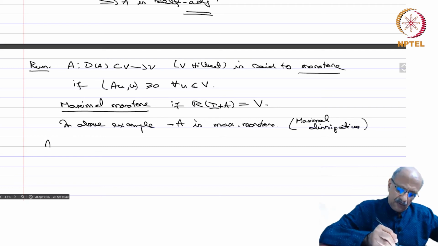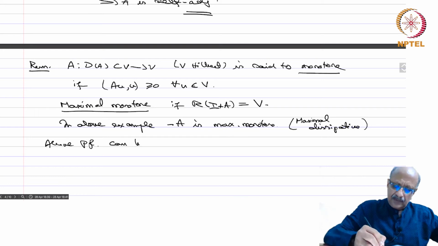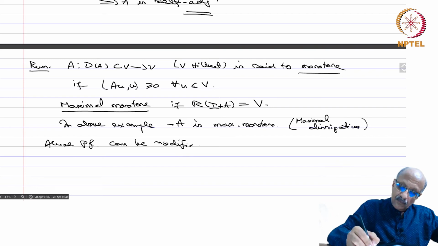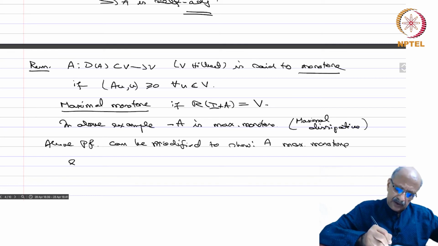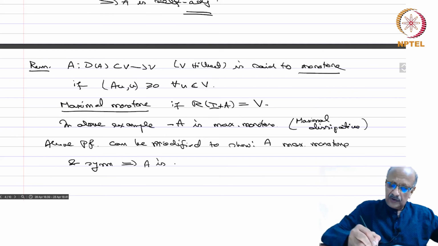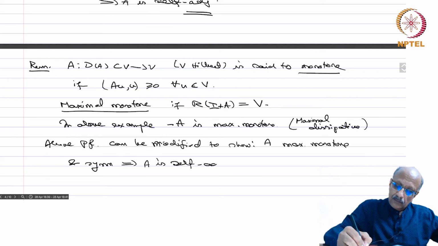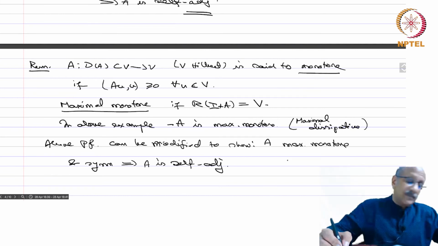So the above proof can be modified to show that A maximal monotone and symmetric implies A is self-adjoint.